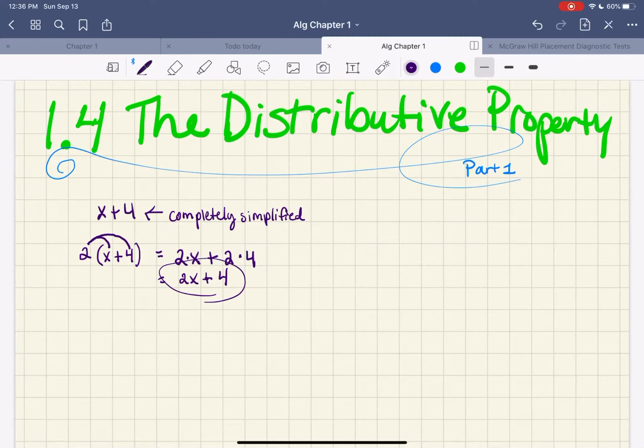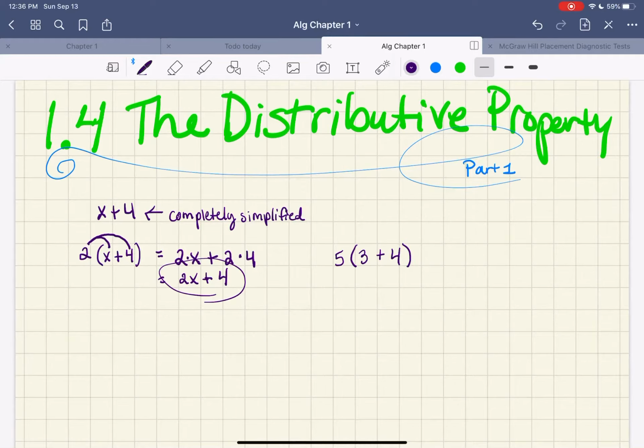Okay? Now, seems weird, right? Let's do it with something that's all numbers to show that it really works. So I'll say 5 times (3 plus 4).